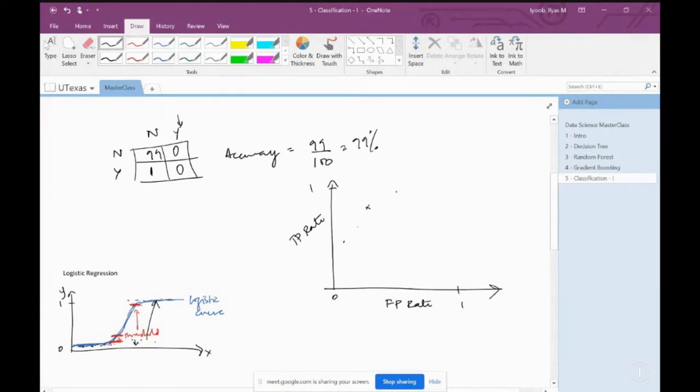So in this way, by moving this threshold up and down, you're going to be creating something like this, right? You're going to be creating these points. And of course, when you move the threshold all the way down, you're going to be missing everything, right? You're going to be completely off. So if you brought this threshold down to 0, then it's going to push everything to be positive, right?